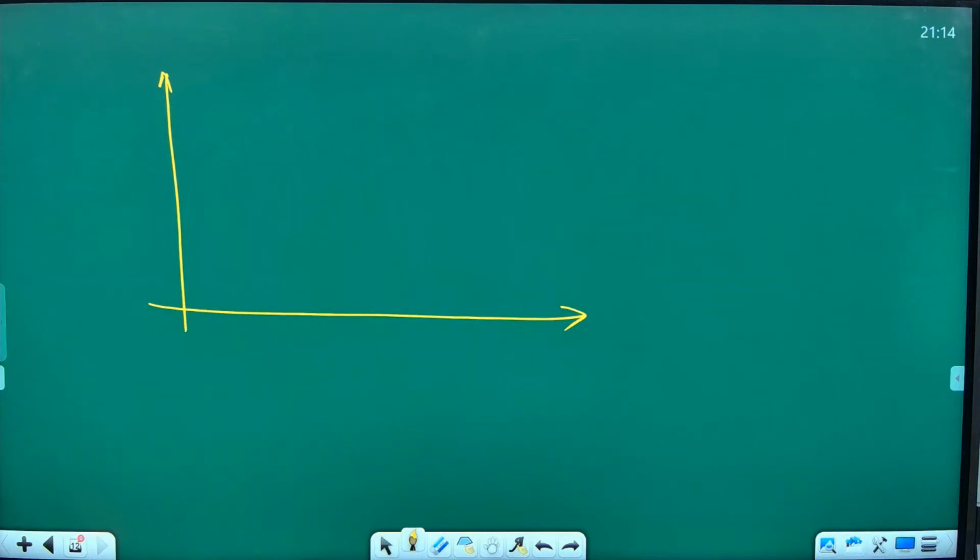Options are 37 degrees, 38 degrees, 39 degrees, 40 degrees.